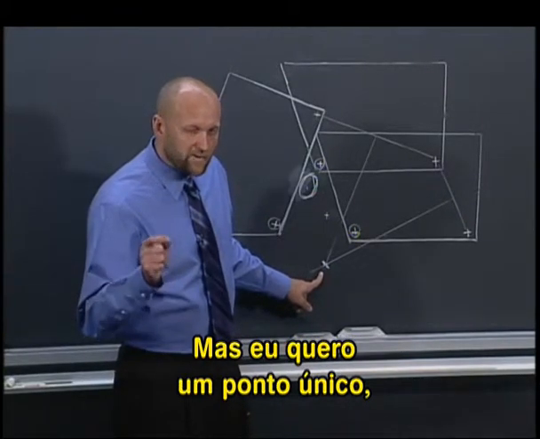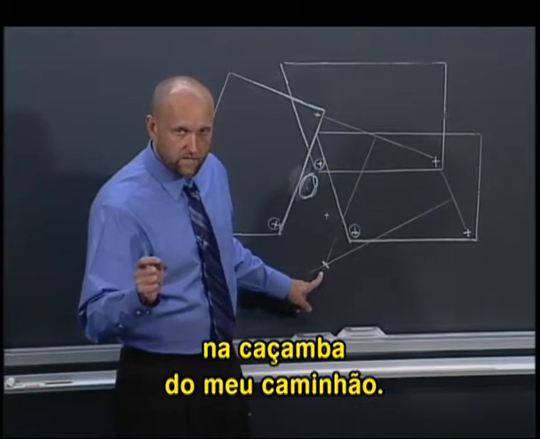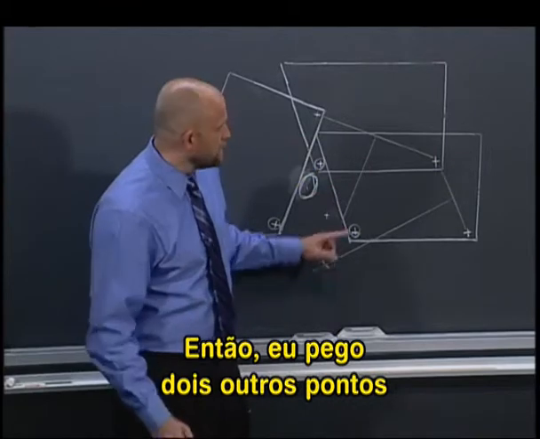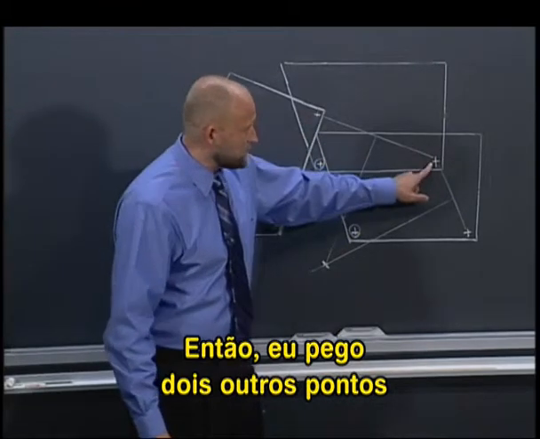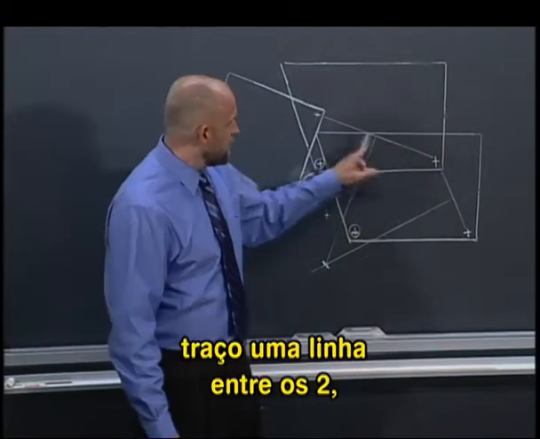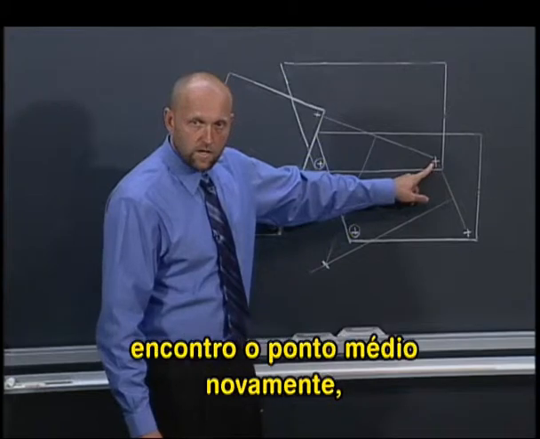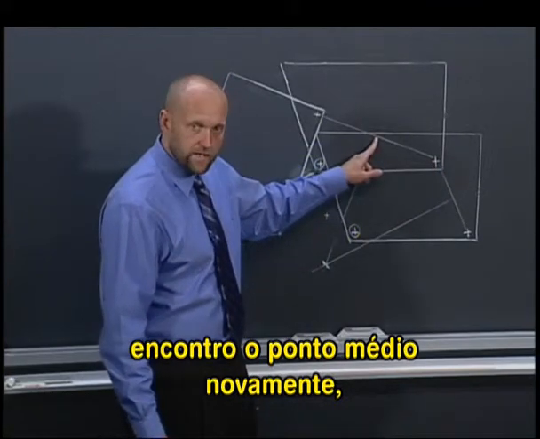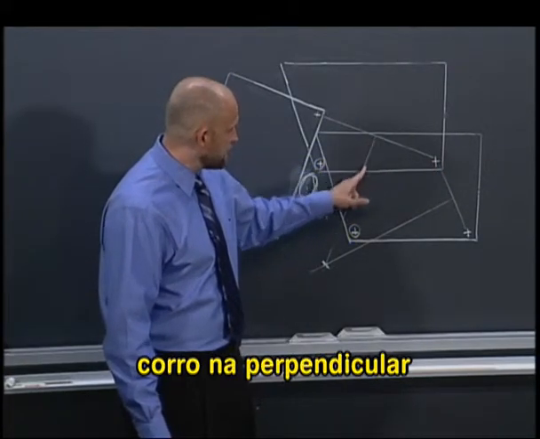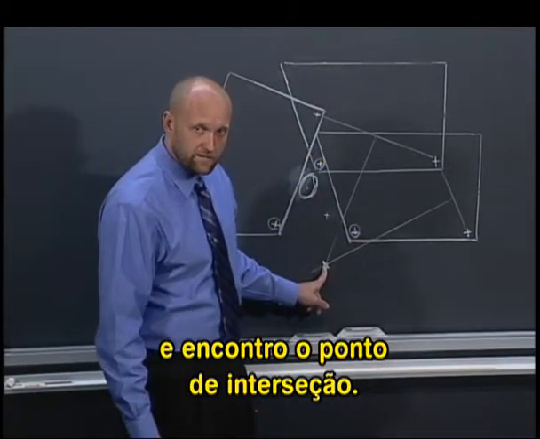But I want it down to a single point, so I know just where to put the bearing on the bed of my truck. So I take 2 other points from the set of 3. I construct a line segment between those 2 and find the midpoint again and run a perpendicular down, and I find the point where they intersect.